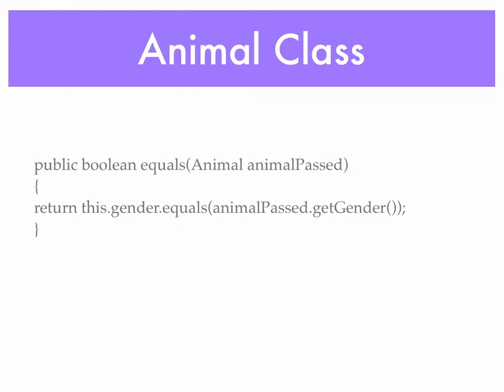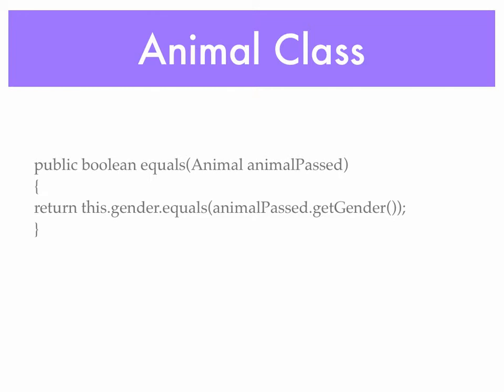That string will then be used to call the method equals, and equals will have passed to it the gender of the animalPassed, and we'll find the gender of the animalPassed by calling the method getGender. So in this line we have returned back the result of the comparison of the gender of the calling object to the gender of the passed object.